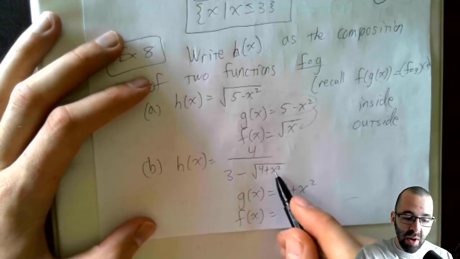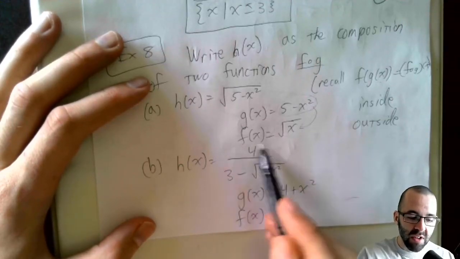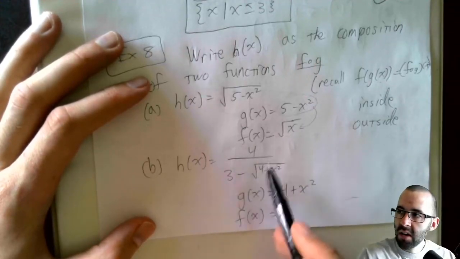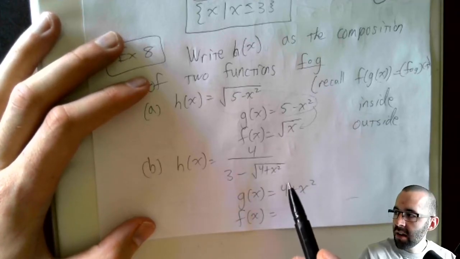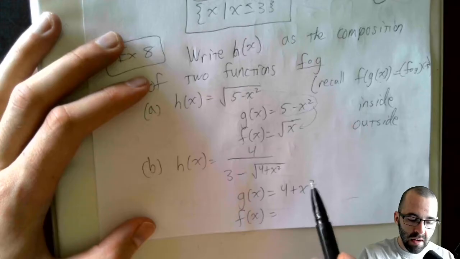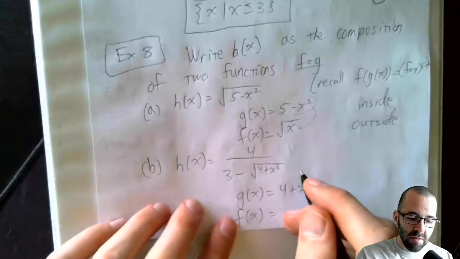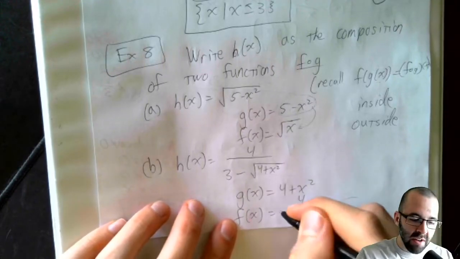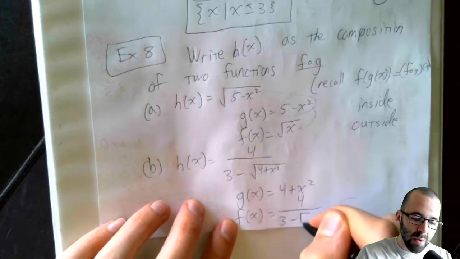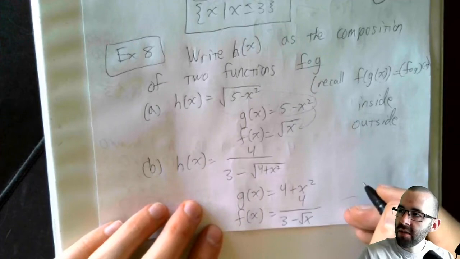It's going to deal with the square root of x, but we also need this fraction. So it'll have a square root in it. It's going to be 4 divided by 3 minus the square root of x. Yeah, good, Stella.